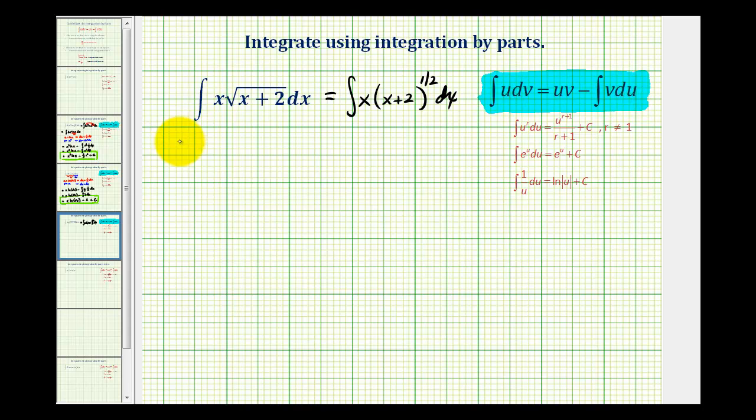So we'll try that first. We'll let u equal x, therefore differential u would just be 1 dx, or dx. So if this is u, that means dv must be the quantity x plus 2 to the 1/2 dx.